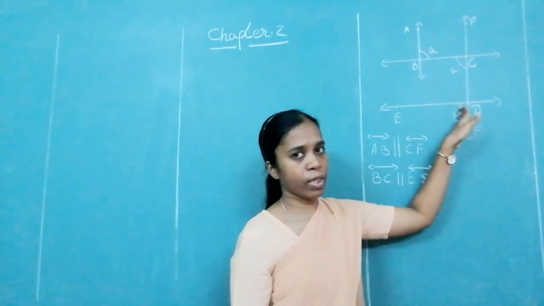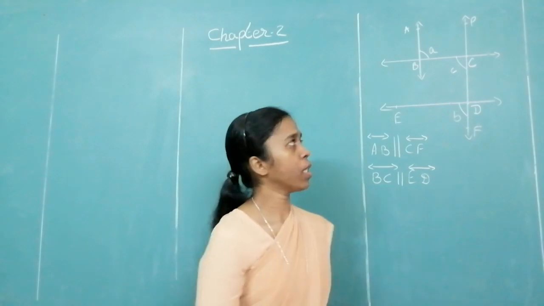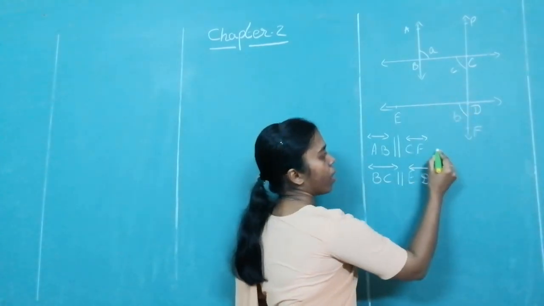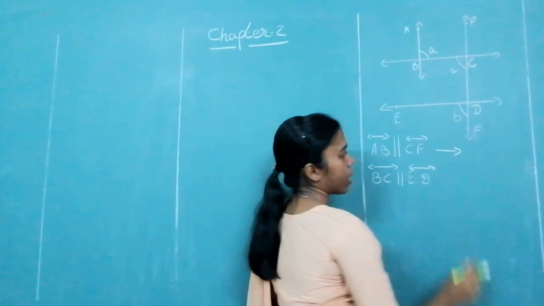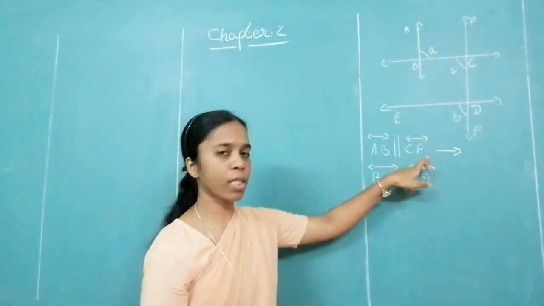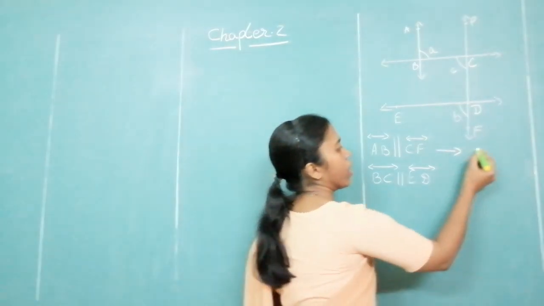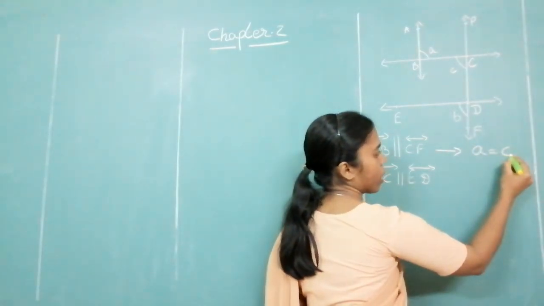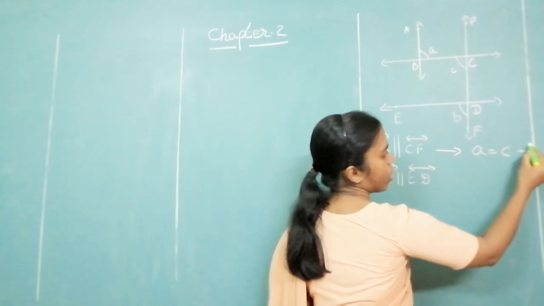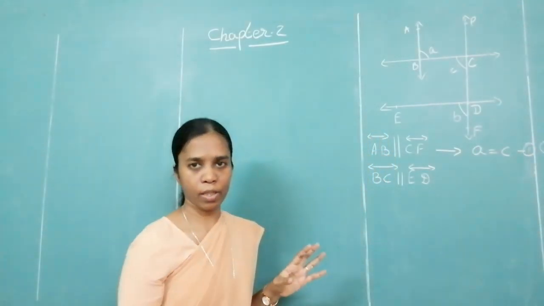AB is parallel to this line. This is my transversal. So what can I say about A and C? Since these two lines are parallel, therefore I can say that you will be writing it AB parallel to line CF. Next line, therefore A is equal to C. First equation, reason, alternate angles.